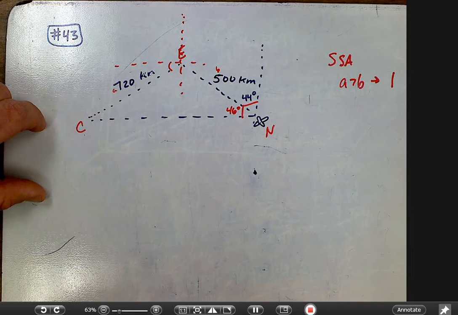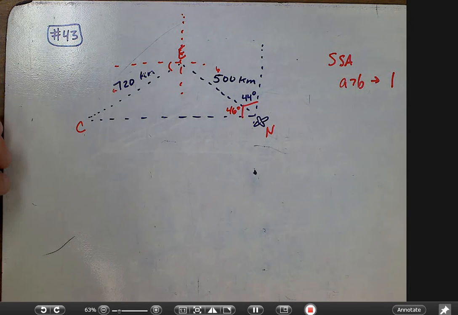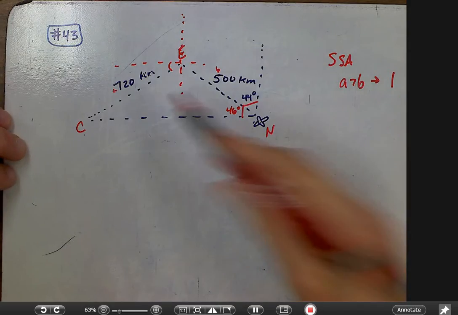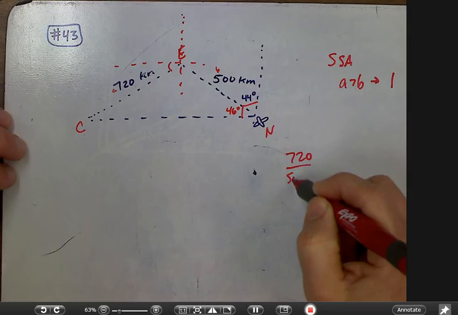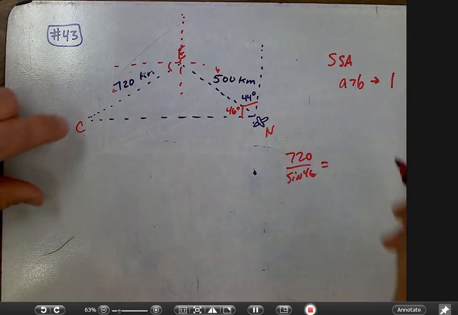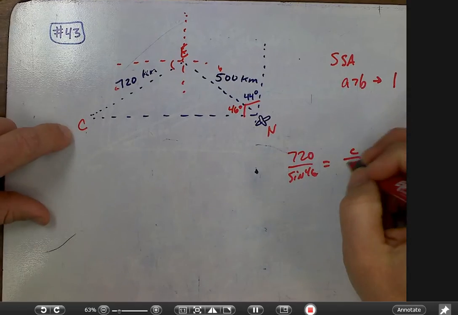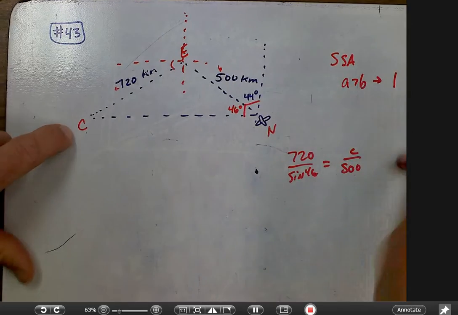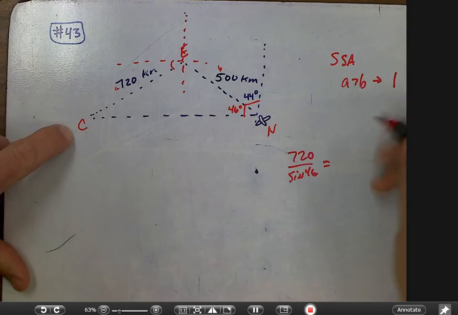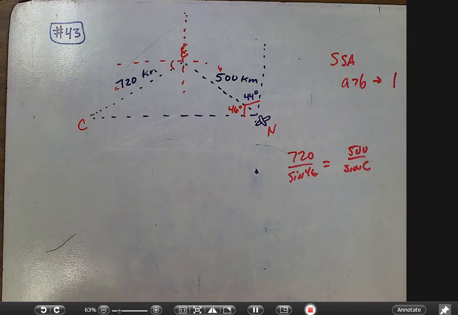Makes this problem a lot easier, only one possible solution, so let's find it. Well, so I know that 720 kilometers over the sine of 46 is going to be equal to side C, 500 over the sine of angle C. That's what I know has to happen.